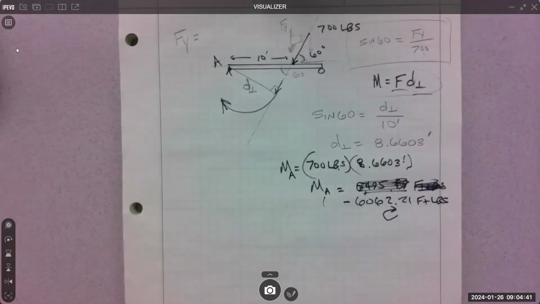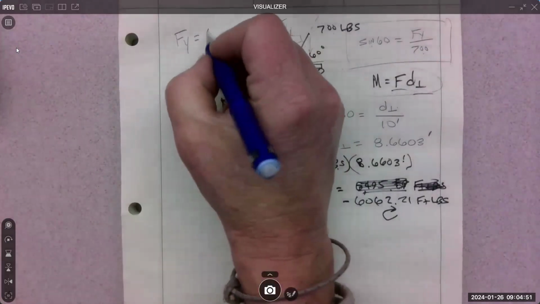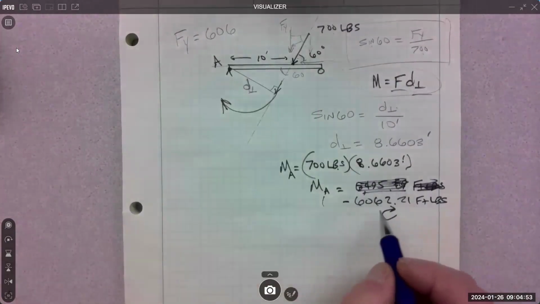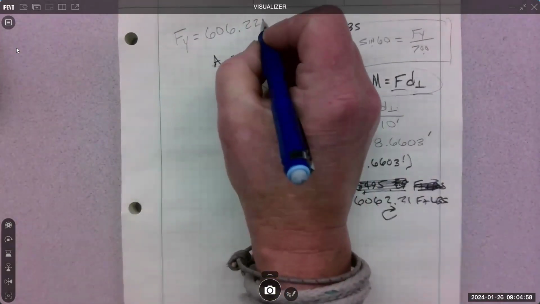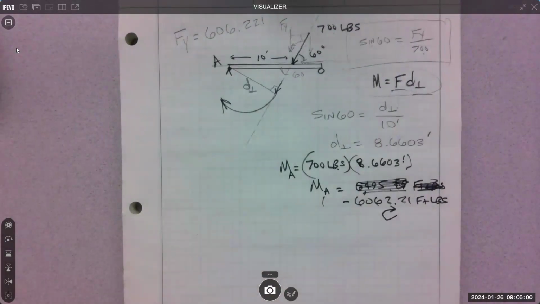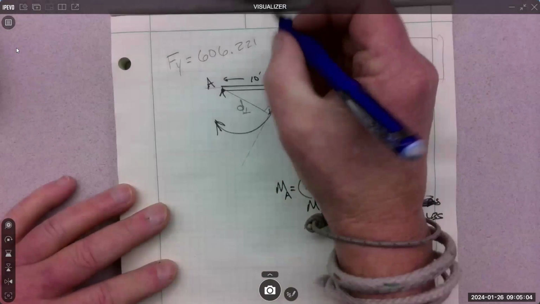Yeah, it better be. My calculator just died. I'm relying completely on you now, so I'm super stressed out. 606.221, right? Yeah, it keeps going. So that's the component, correct?